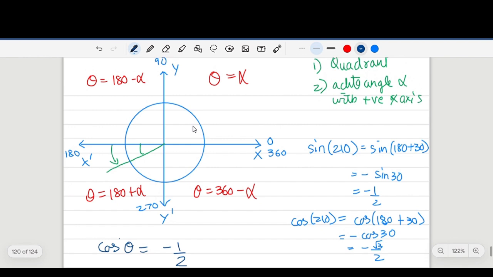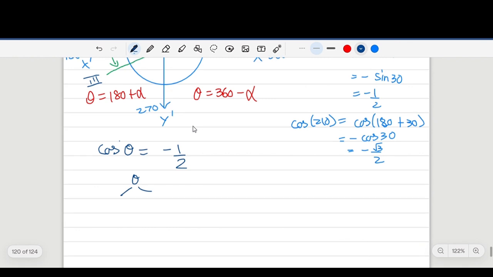Cos theta is negative in the second and in the third quadrant. If I want to find the second quadrant value for theta, I will use 180 minus the alpha value, and if it's in the third quadrant, I'll use theta is 180 plus the alpha value.